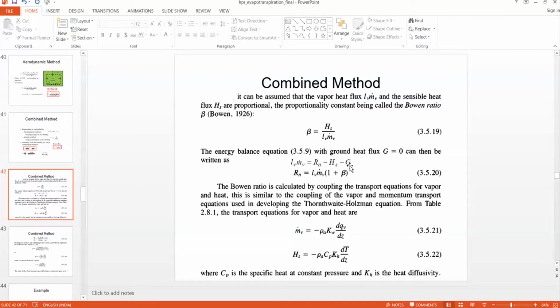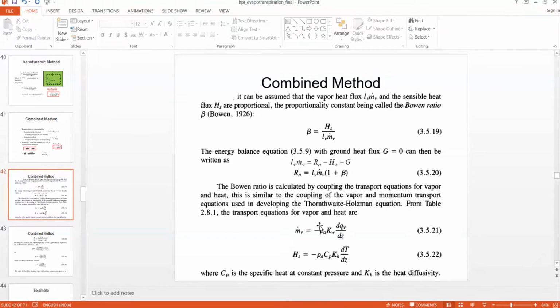Let us assume that G is equal to 0. Then Hs is given by this equation, that is beta is equal to Hs by LV MV dot. So we can get net radiation is equal to LV MV dot into 1 plus beta.